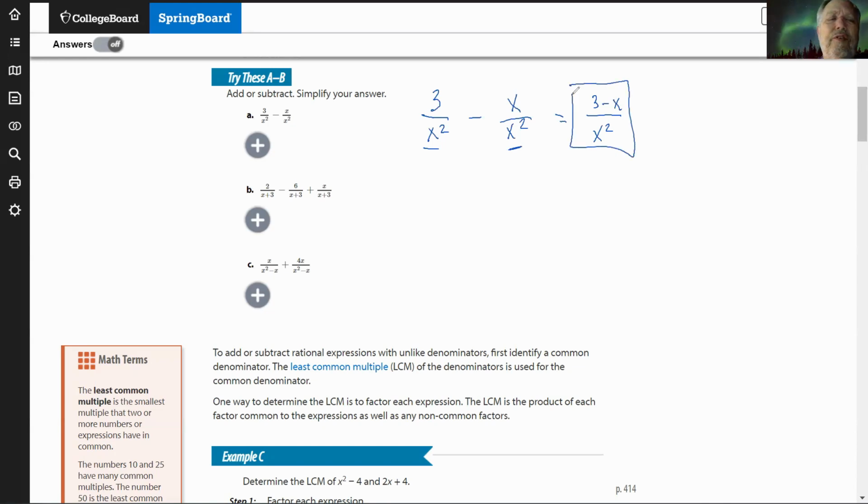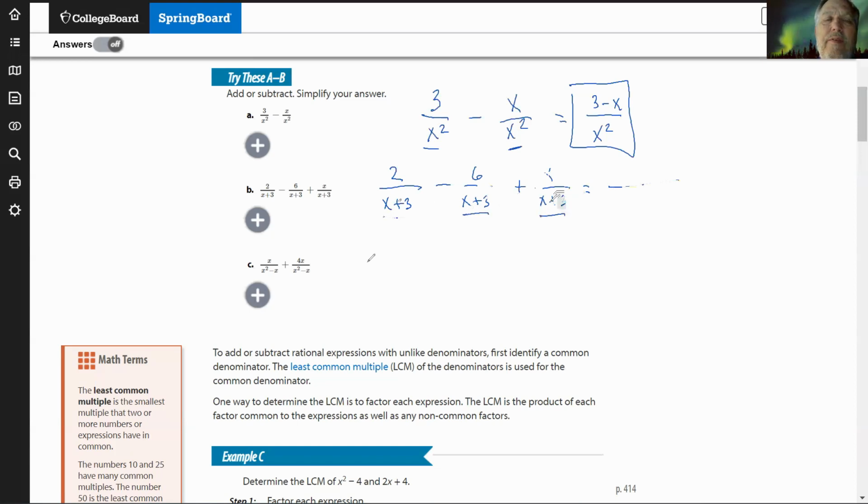The next one has more than one term being combined together. It's 2 over x plus 3 minus 6 over x plus 3 plus x over x plus 3. We combine these like terms, a fancy way of adding or subtracting.